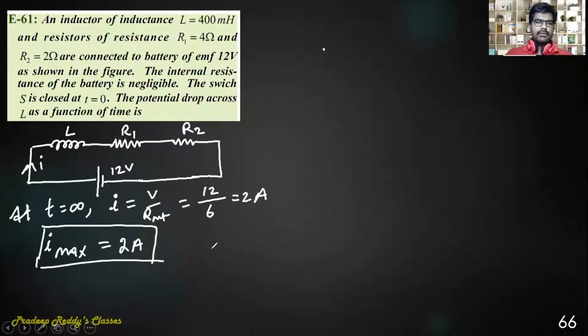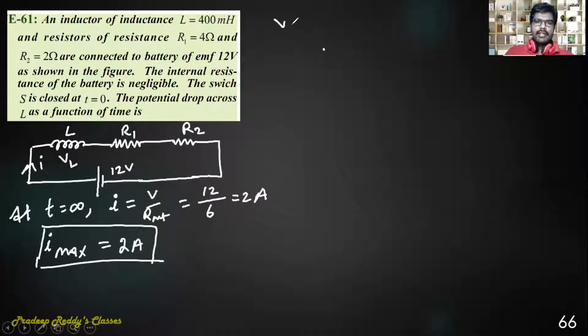Now, when switch S is closed at time t is equal to 0, the potential drop across L as a function of time. You are supposed to find out the potential drop across this. So at time t is equal to 0, there will be some voltage dropped across this inductor. I call it VL.